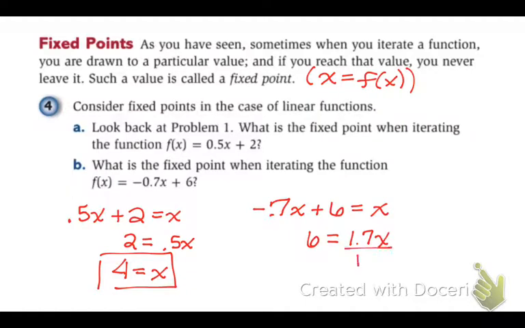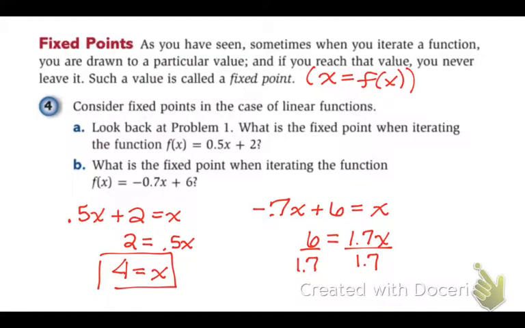I would divide both sides by 1.7, and then whatever that decimal is going to be is where that fixed point is for that function. Now this line has a negative value, and so when you start to try to find the fixed point graphically through iteration, you're not going to see that nice stair step.